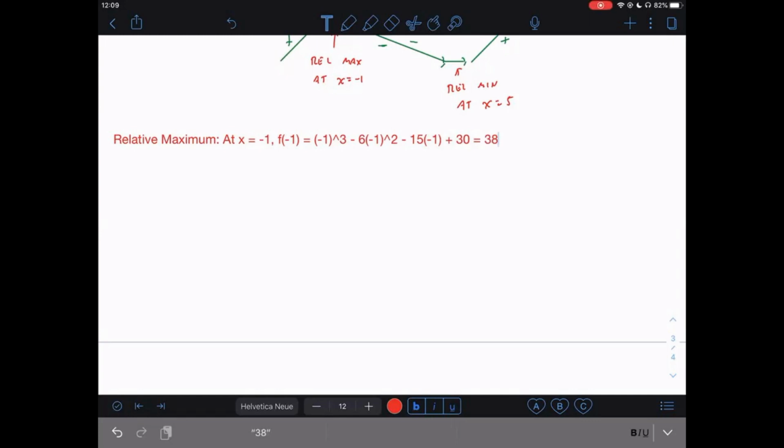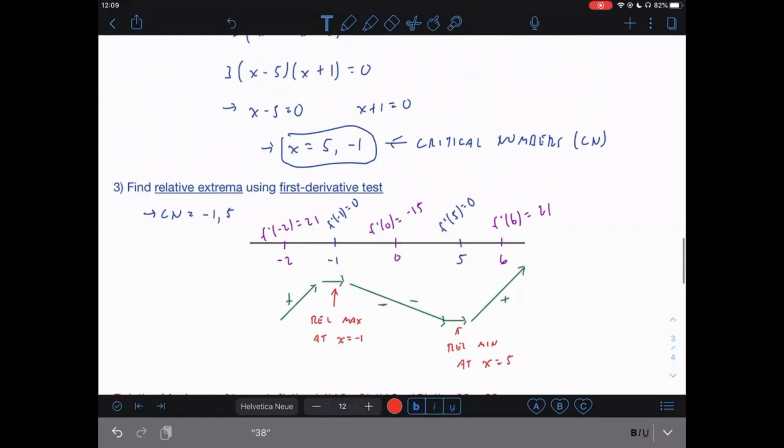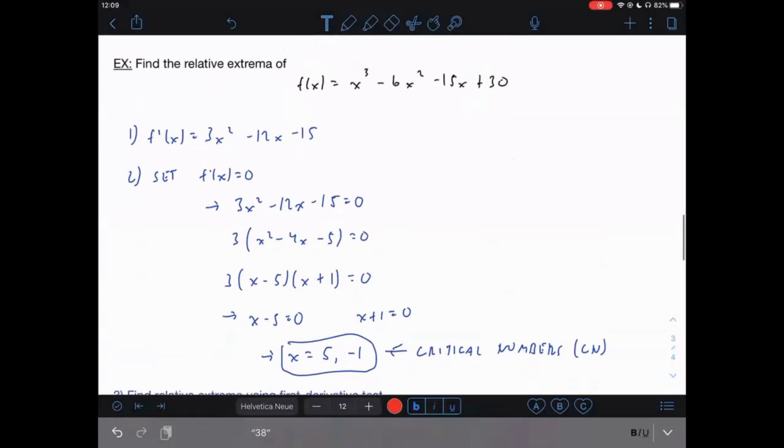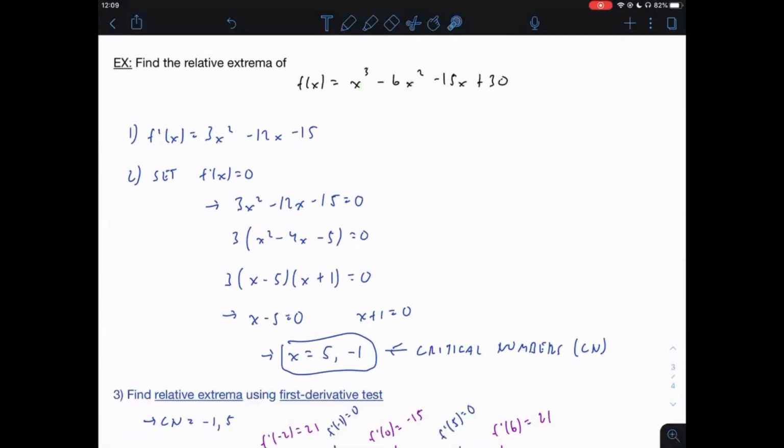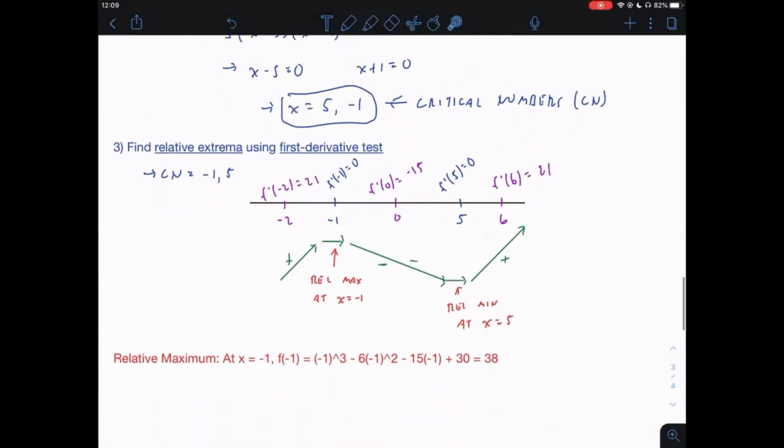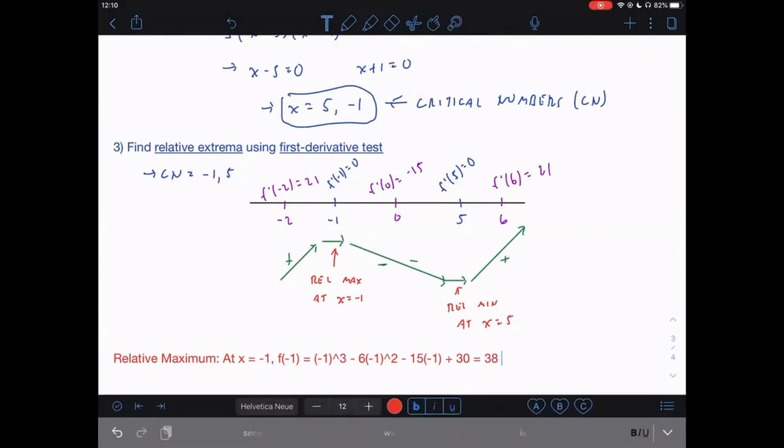All right, so if we evaluate -1 using our original function here, it gives us a value of 38, meaning our relative maximum is located at the coordinates of -1, 38 along our function.